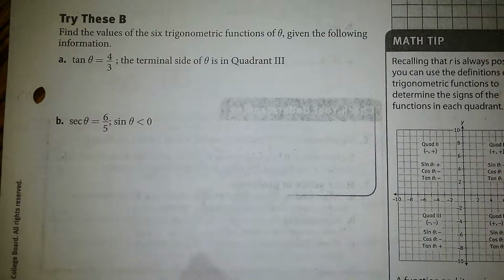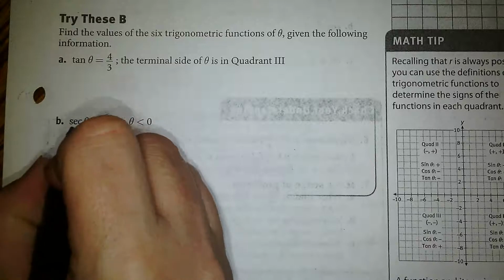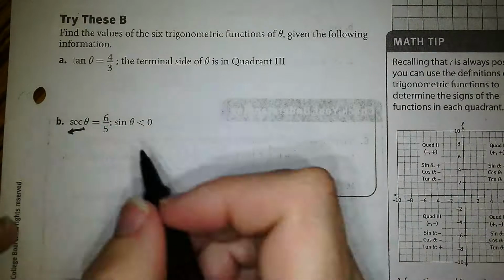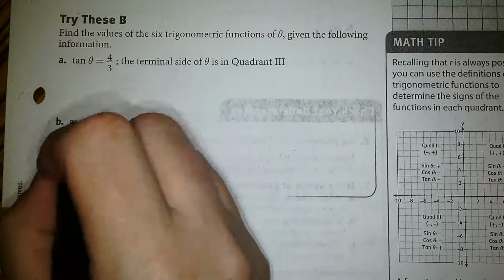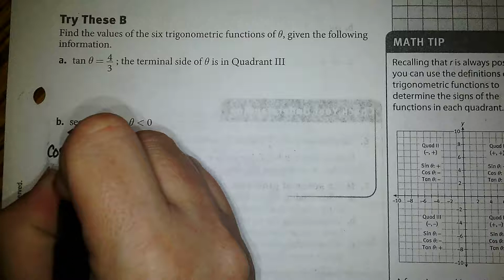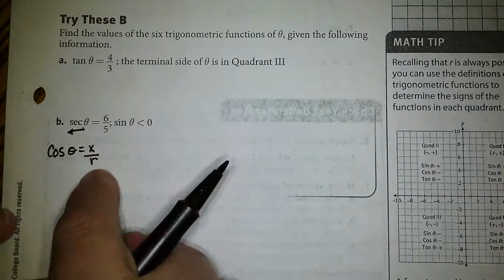The first thing that I look at is the fact that this is a secant, and a secant is a cosine reciprocal. Now, cosine is x over y. I'm sorry, x over r.